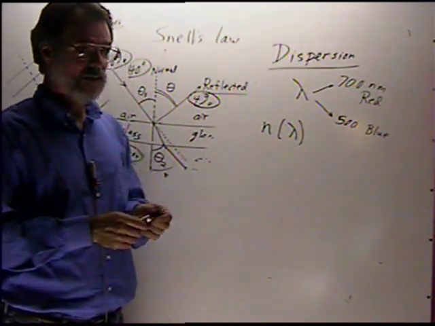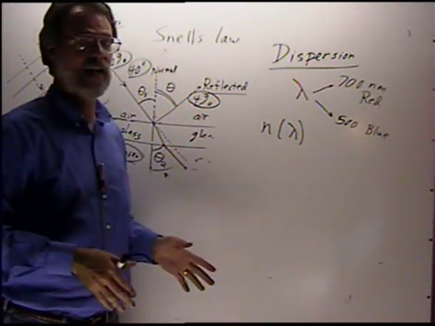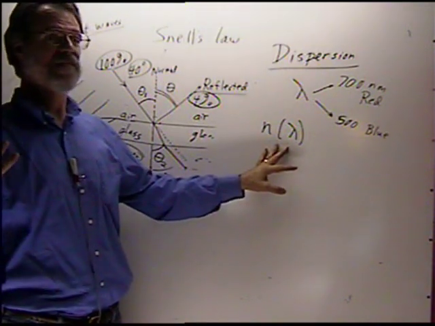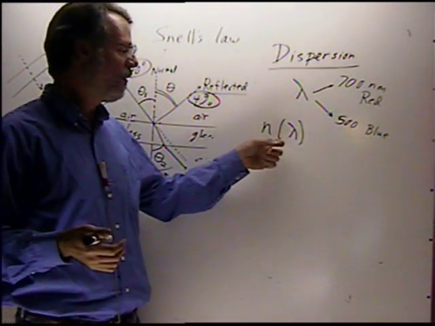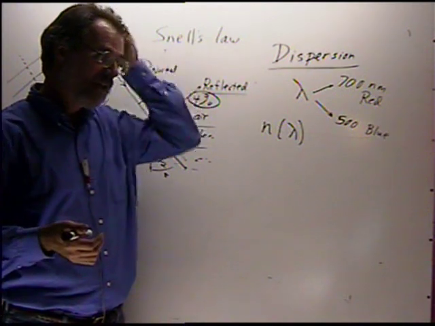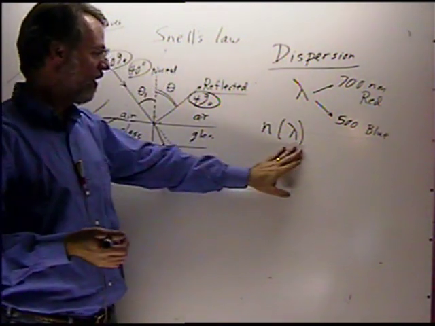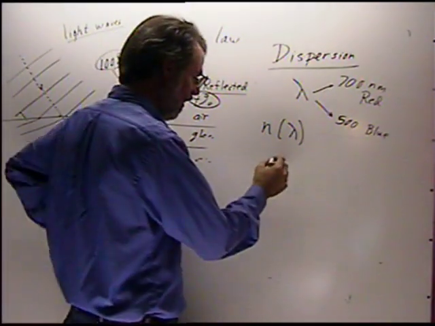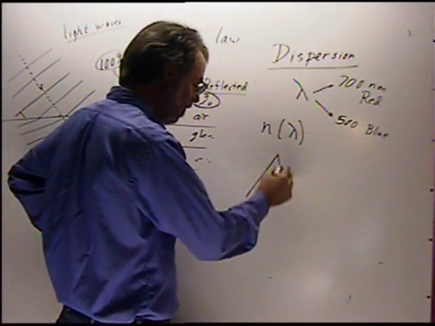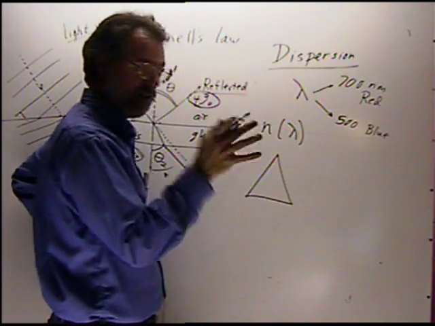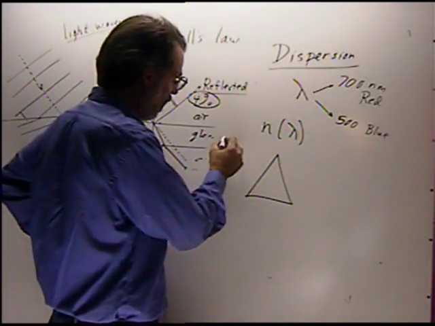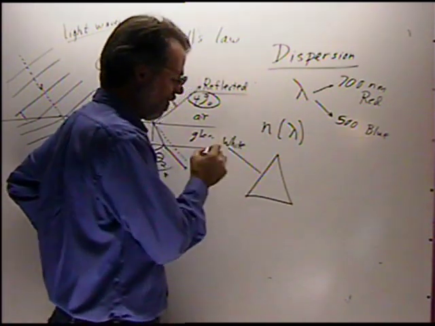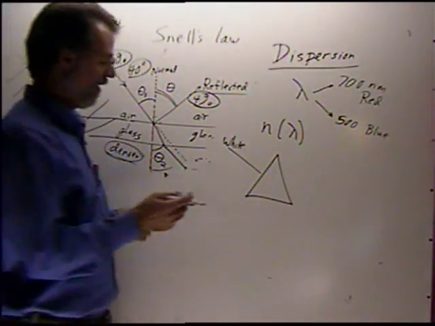This causes all kinds of optical effects. In some cases they're effects you don't want in your lenses, but in other cases they're beautiful optical effects like the rainbow. The idea is you have something like a prism. This is not covered in the book, but if I have white light, remember white light has all the colors of the rainbow in it.